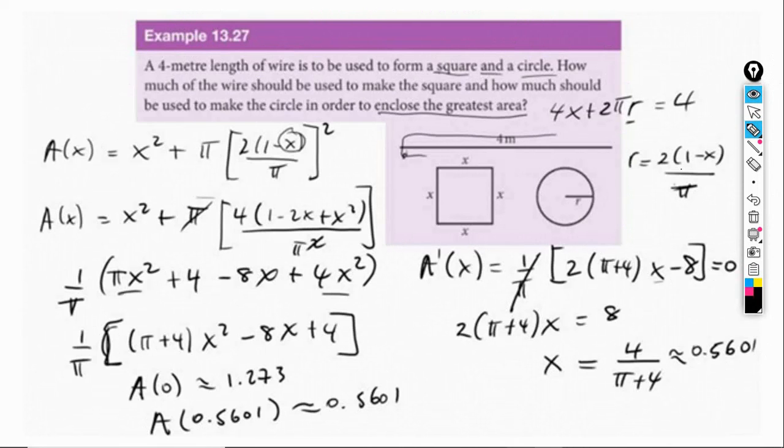And then we have to plug in the other endpoint, which is when x equals 1. For 1, we're also going to get 1. What that means is that the maximum area occurs when x is equal to 0. So if x equals 0, that means that all the wire is going to be used on the circle.